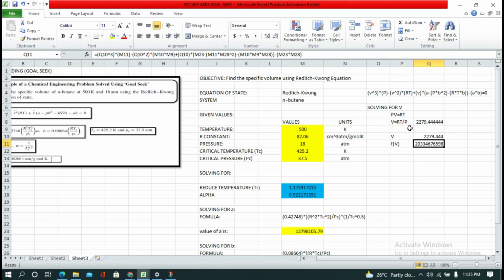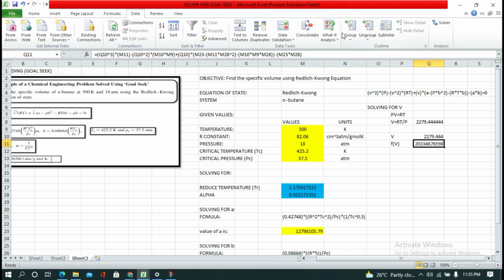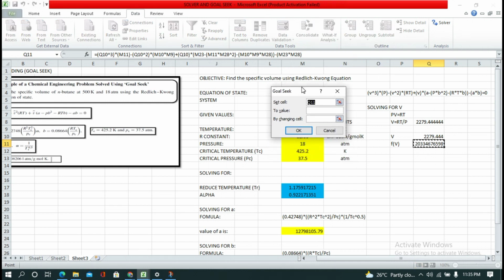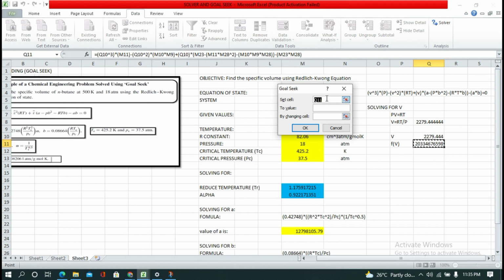Since it is stated in the Redlich-Kwong equation that f of V should be equal to 0, but in here we have this is not equal to 0. In order to make this equal to 0 and find the real specific value of the volume, we can use the goal-seek feature of Microsoft Excel. Under the data, click What-If Analysis, then click Goal Seek. In here, we have this prompt in front.